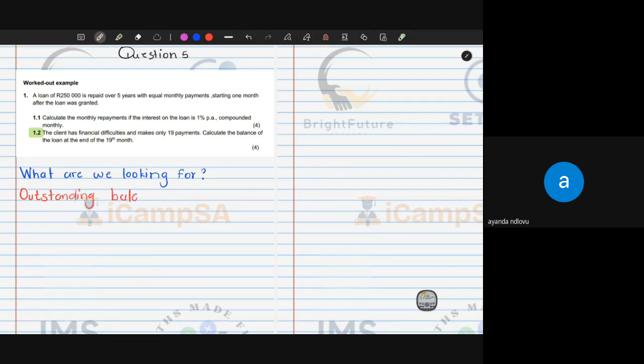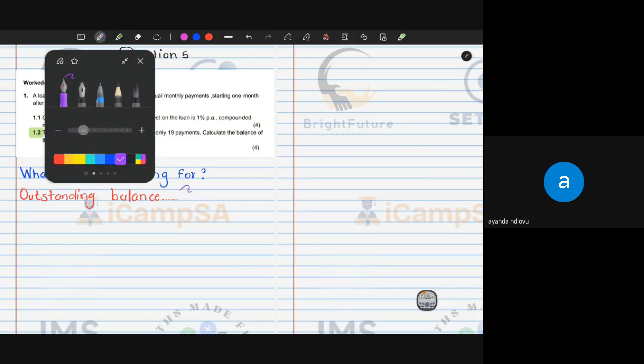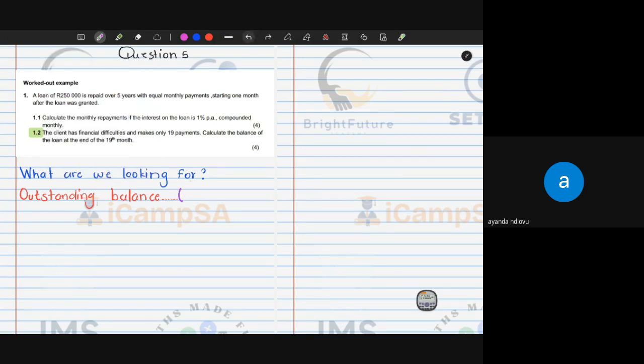So we shouldn't be doing any outings. We'll do outings after getting those distinctions. That is what we're looking for, the outstanding balance. Essentially, in simple terms, that is the money we still owe after those 19 payments.